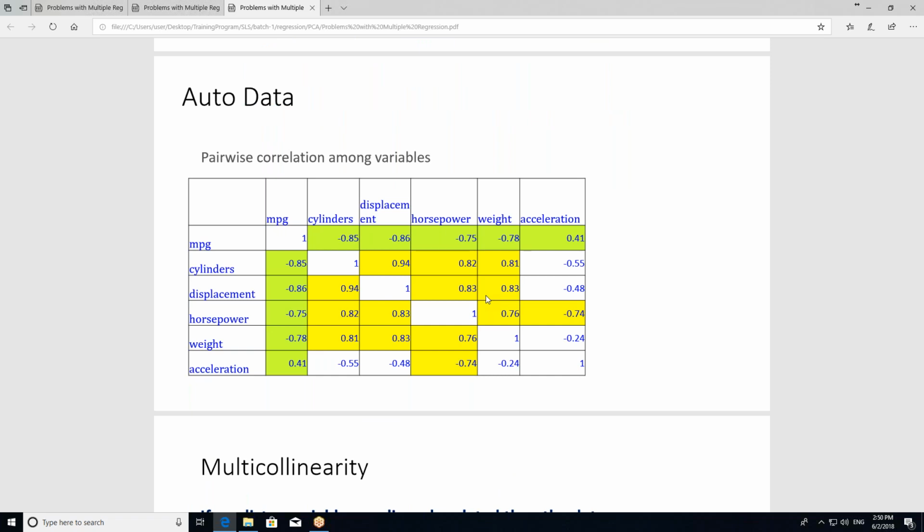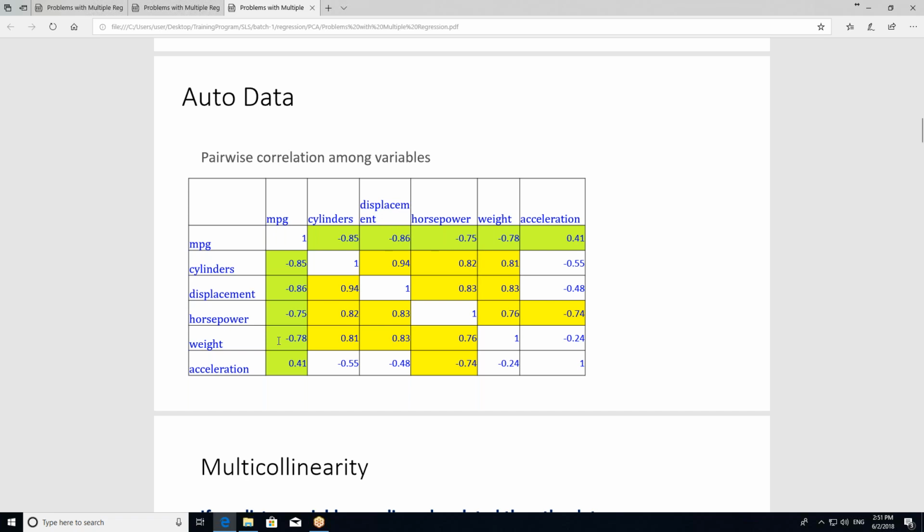Now see which variables have a multicollinearity problem. You can see miles per gallon has a good relationship with cylinder, displacement, horsepower, weight, and acceleration.